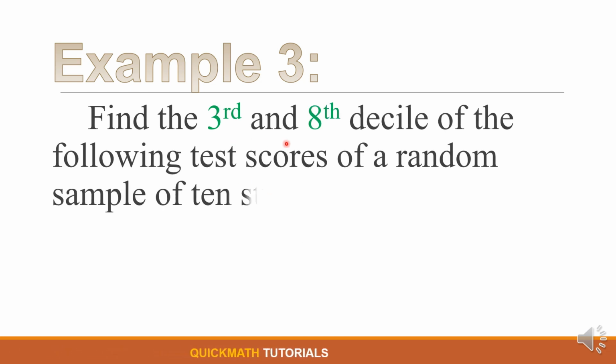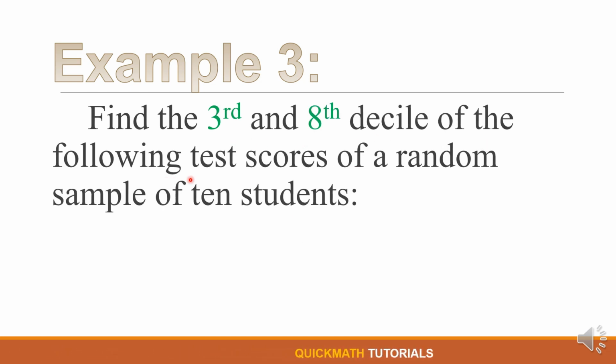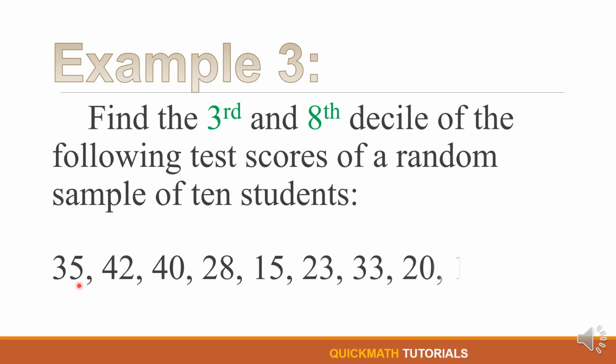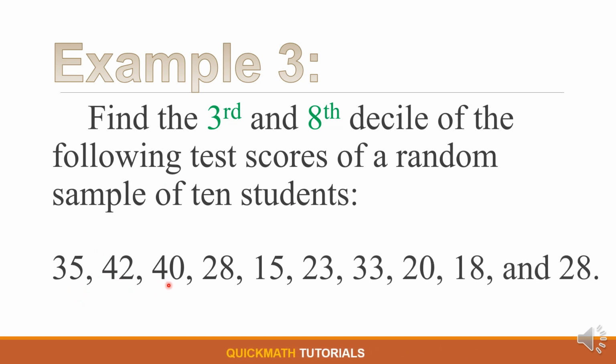Find the third and eighth decile of the following test scores of a random sample of 10 students. We have 35, 42, 40, 28, 15, 23, 33, 20, 18, and 28. This time, we will solve for the decile.